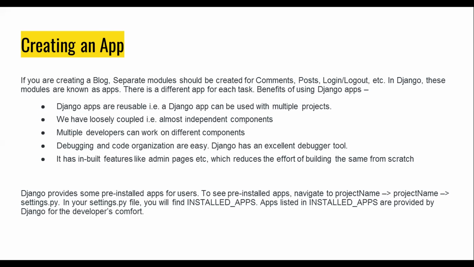And the main thing here is, whenever we create each and every single app, we have to navigate to the settings.py file. In there, we can see a list named INSTALLED_APPS. In that INSTALLED_APPS, we have to list whatever apps we create.